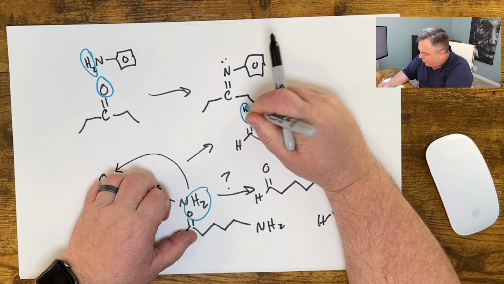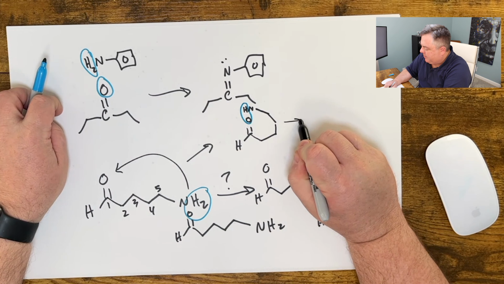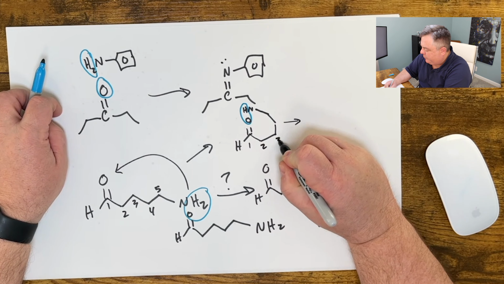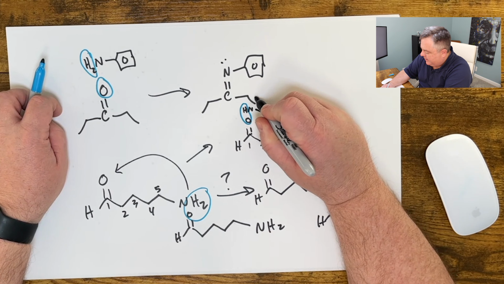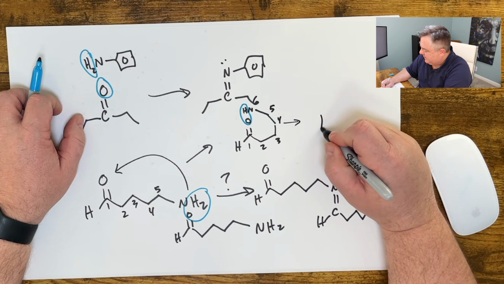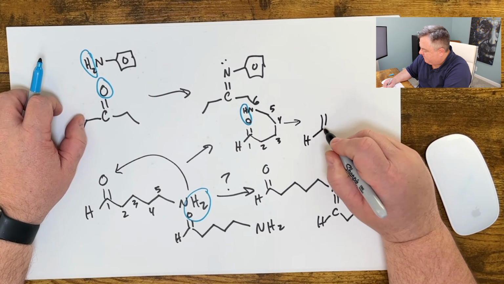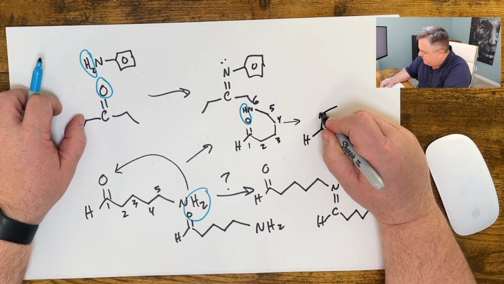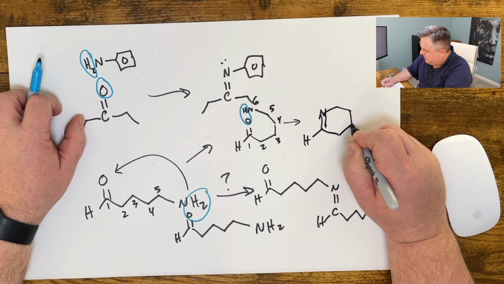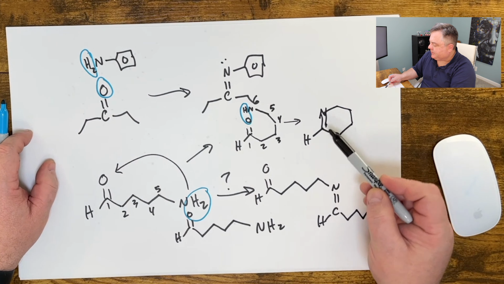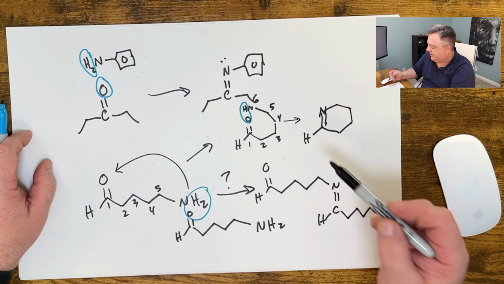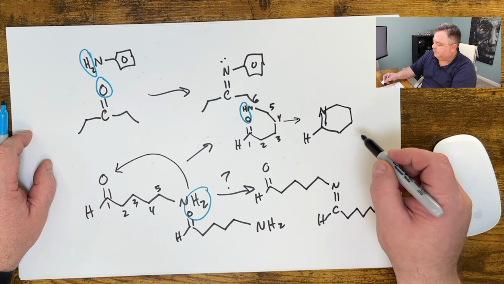So when I lose my water, I'll make a molecule that has 1, 2, 3, 4, 5 carbons, and nitrogen makes number 6. So I'll make a ring with a nitrogen in it and a double bond. There's my imine. So that's the little trick that they'll ask on an organic chemistry exam.